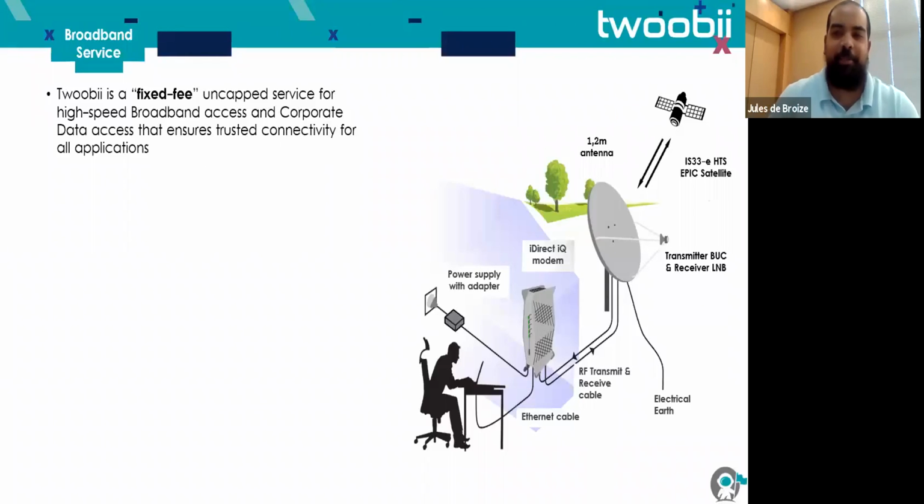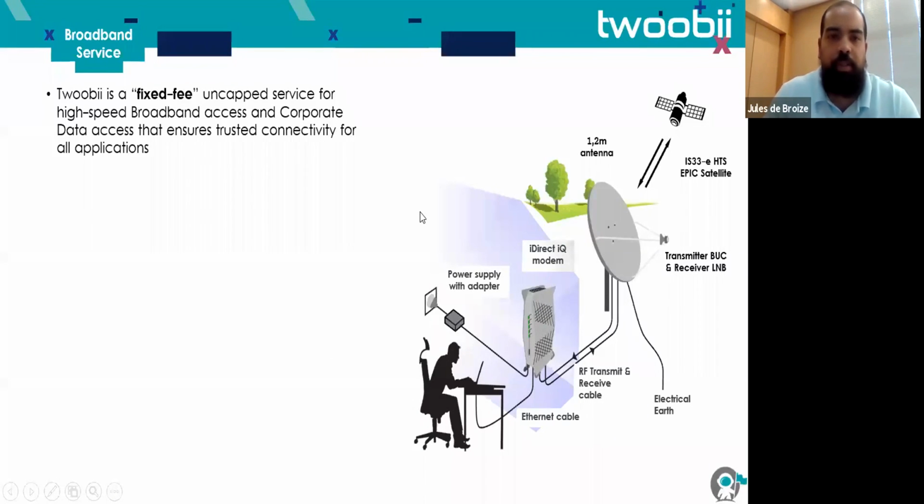As you can see on the right hand side here, this is a basic layout of a Twoobii installation. We can see the antenna, the iDirect IQ modem, the cables, the transmitter, everything else. So this is just a typical setup.